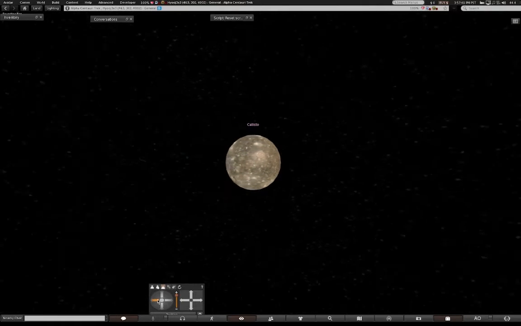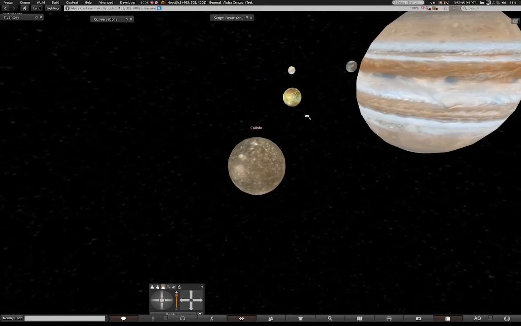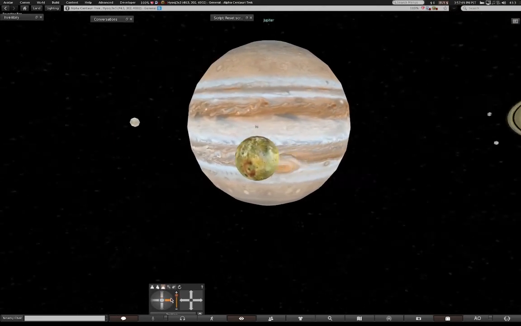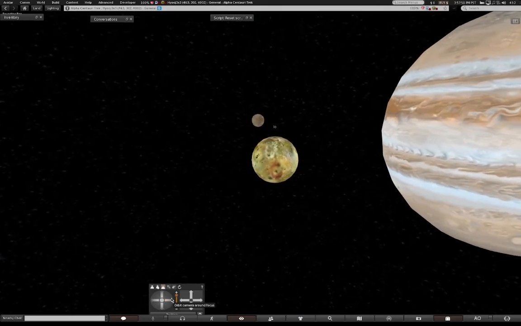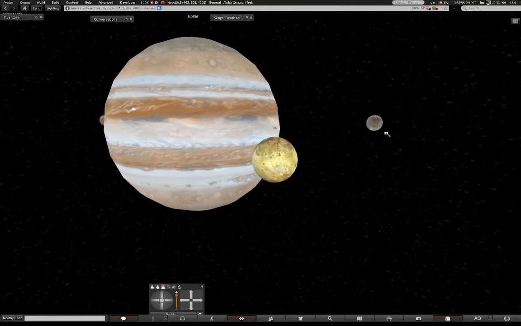All of these are spherical moons in this build, which are the largest moons, of course. Maybe I should put a volcano effect on there.